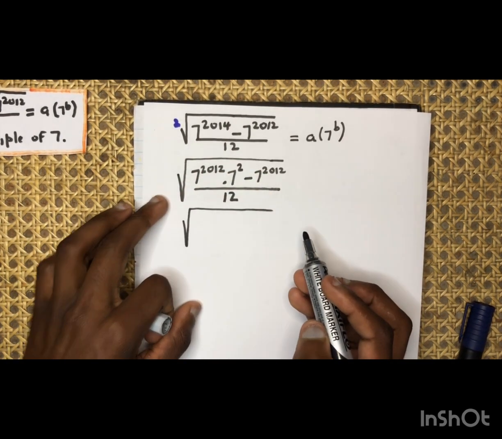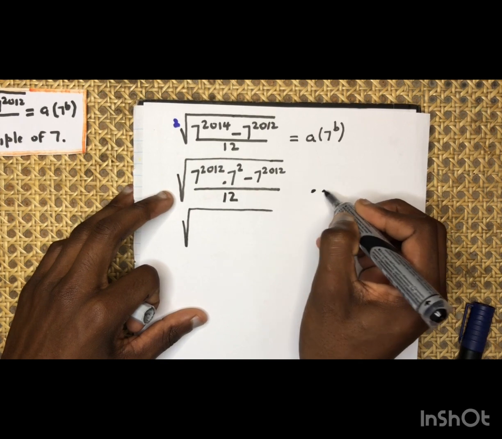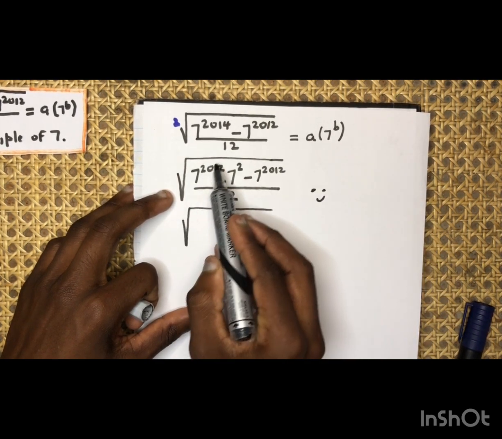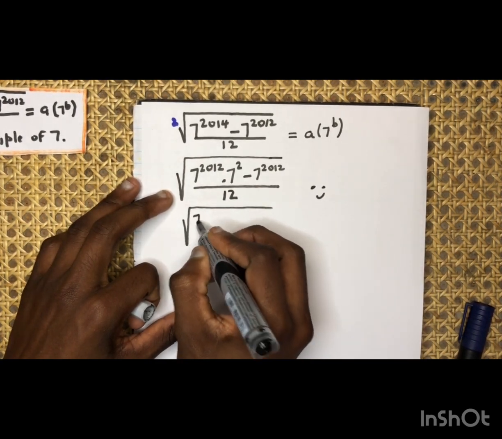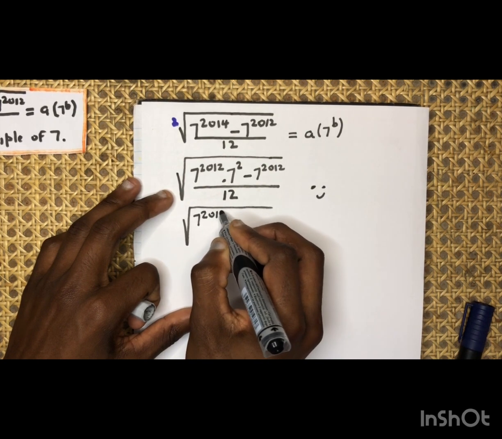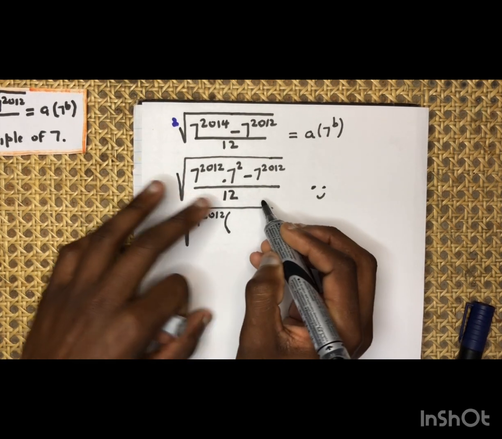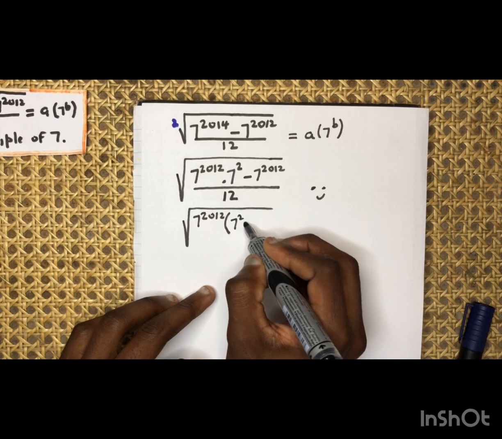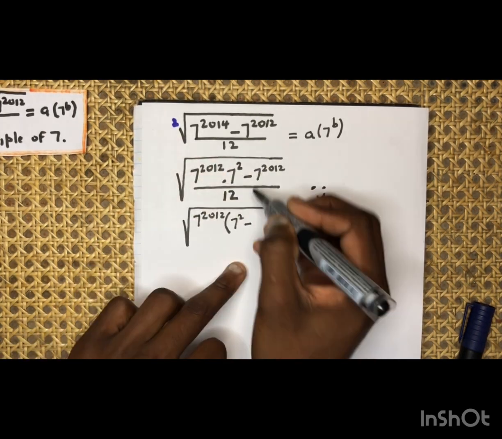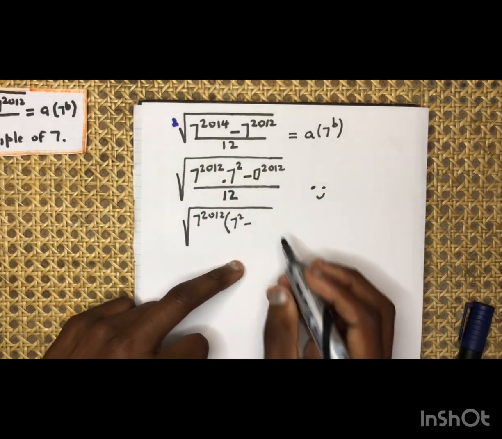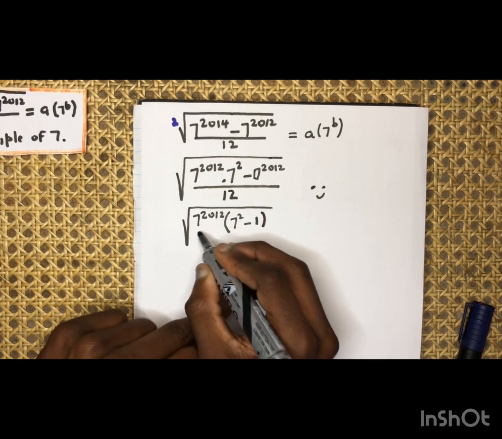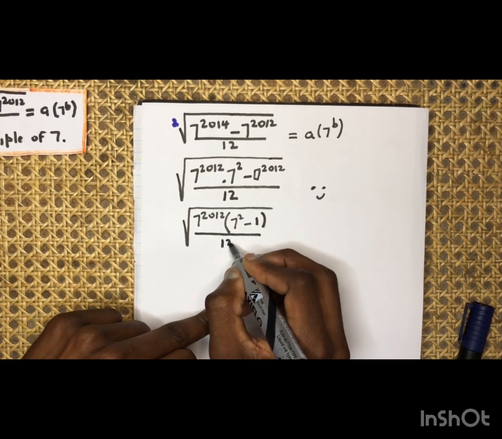What is common here? Yes, now you are smiling because you see that 7 to the power 2012 is common. So we take out 7 to the power 2012. Then we have inside 7 squared minus, remember, there was 1 here as your coefficient. So you are left with 1, over 12.